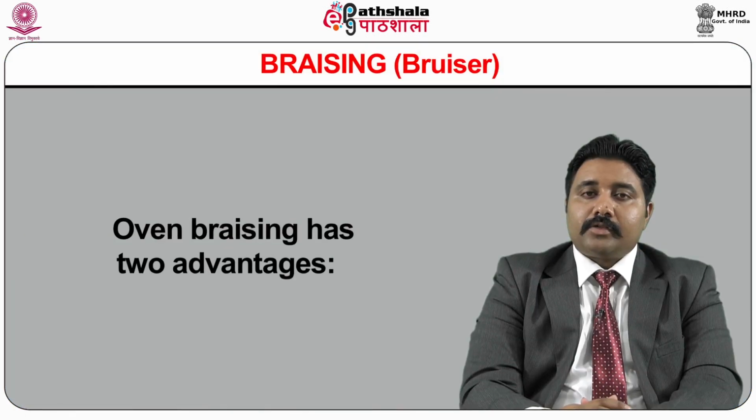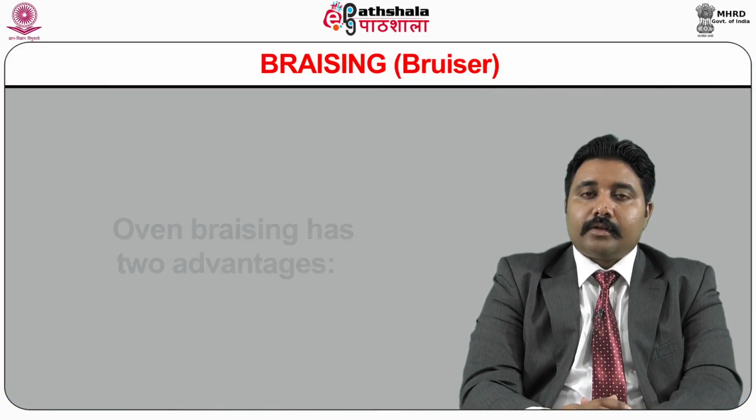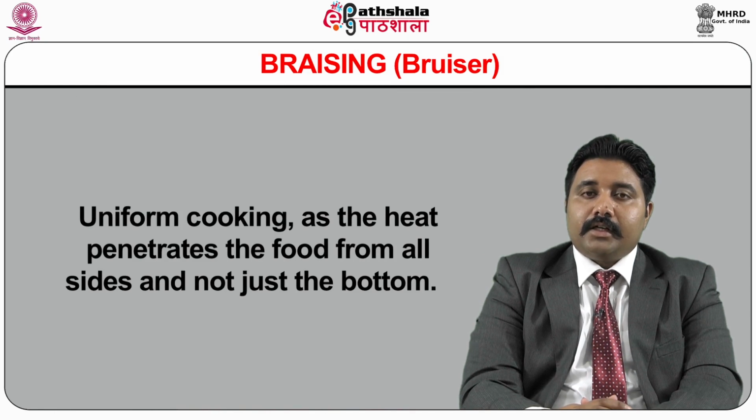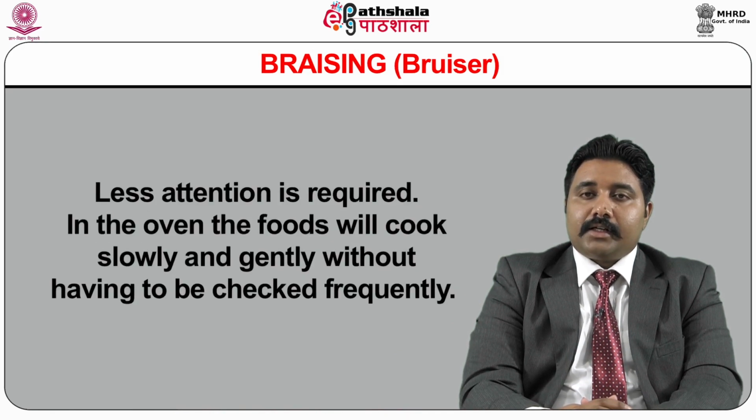Braising is done on the range top or could even be done in the oven. Oven braising has two advantages. Uniform cooking, as the heat penetrates the food from all sides and not just the bottom. Less attention is required. In the oven, the foods will cook slowly and gently without having to be checked frequently.